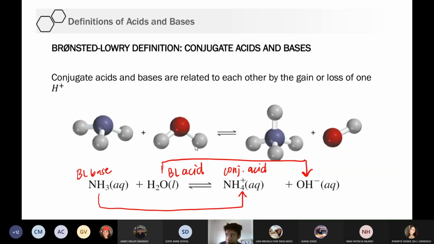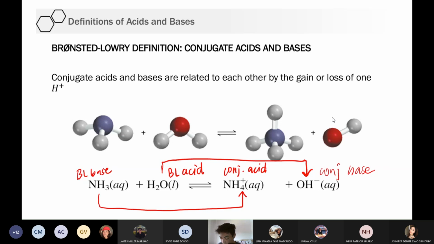About itong, water. So, since we call this the Bronsted-Lowry acid, pagdating sa product side, ang tawag natin sa OH ay conjugate base. Okay? So, yan. Kaya meron tayong tinatawag na conjugate acid-base pair. Okay? So, it tells us that the base, ang kapartner niya ay conjugate acid, and ang Bronsted-Lowry acid, ang kapartner niya ay conjugate base.